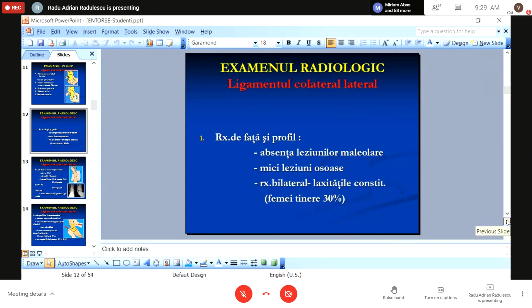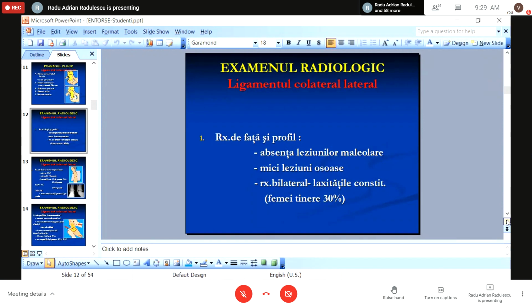So in other words, if we perform a careful palpation of the ankle, we may get a quite precise diagnosis. But still, we need to take an X-ray of the patient for two reasons. The first reason is that the most often differential diagnosis we have to do for the sprain is the non-displaced fracture of the lateral malleolus.